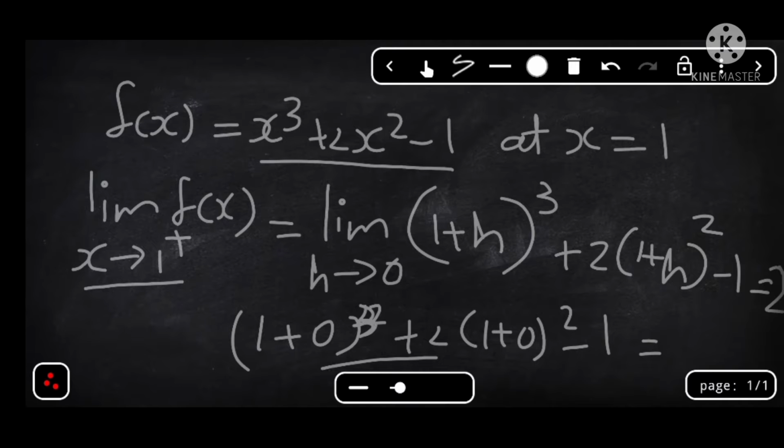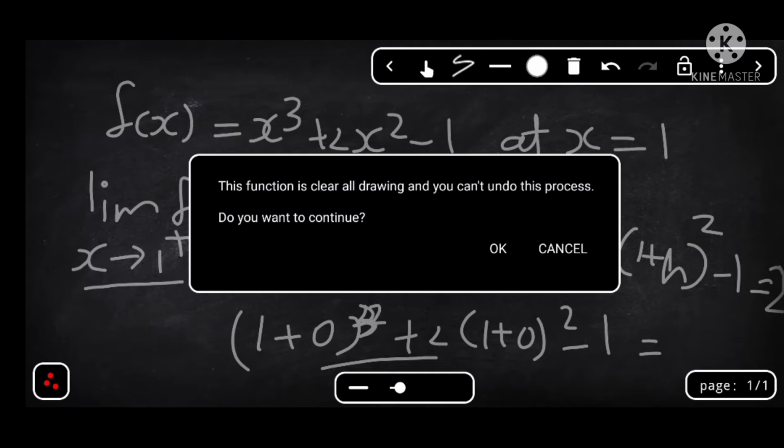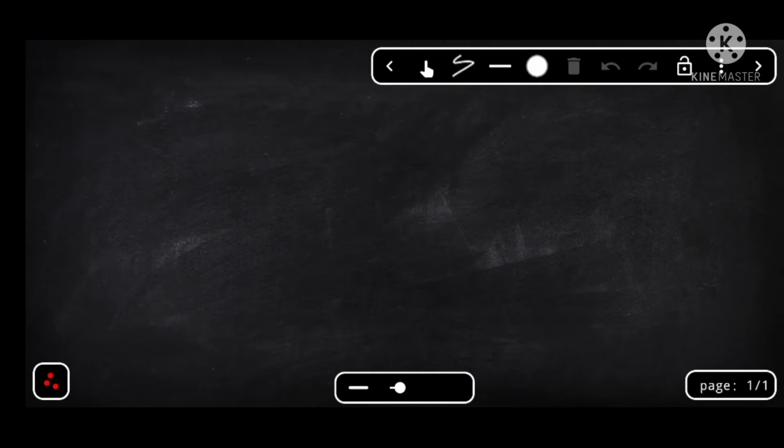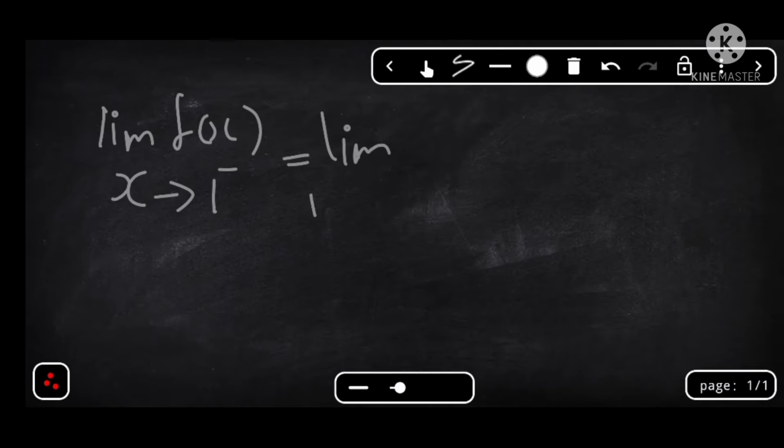Now similarly, we are going to write limit f of x, x tends to 1 minus. What will be the value? h tends to 0, 1 minus h the whole cube. Here it is 1 minus because we are taking the values less than 1. Less than 1 means there will be a certain value which will be reduced from 1.